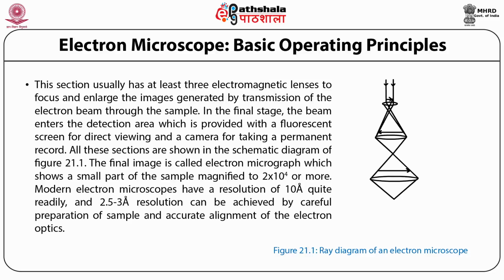Modern electron microscopes have a resolution of 10 angstroms quite readily, and 2.5 to near about 3 angstroms resolution can be achieved by careful preparation of sample and accurate alignment of the electron optics.